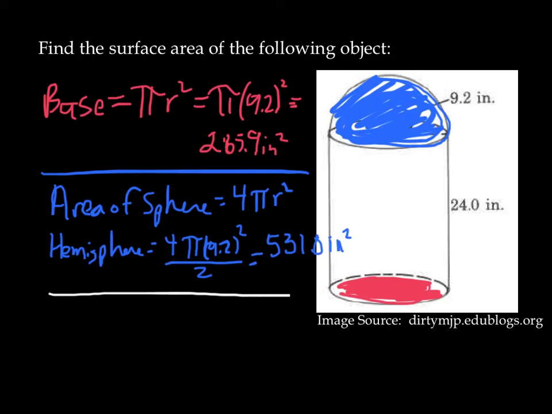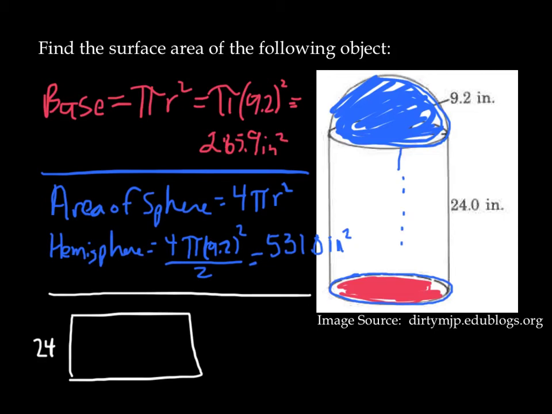The last area is the lateral area of my cylinder. Well, that lateral area really is just a rectangle. The height of the rectangle is 24 inches, and the length of the rectangle, as we've seen in a previous video, can be found as the circumference of the circle.